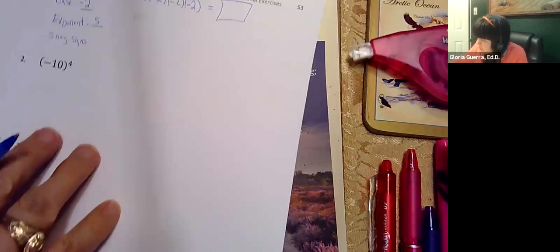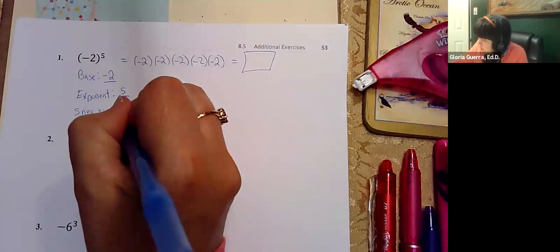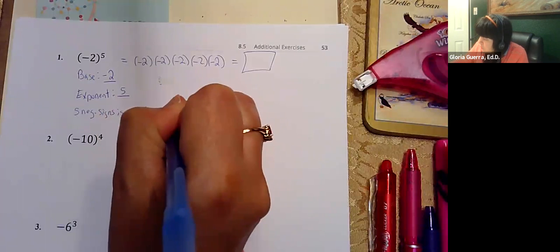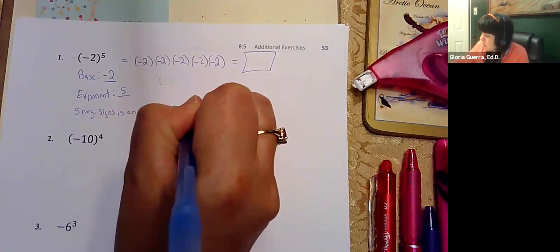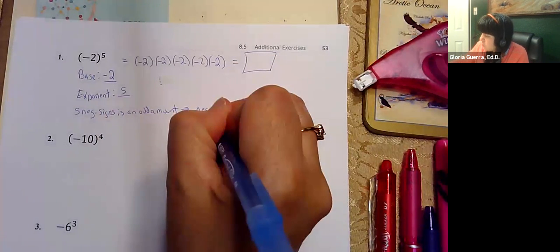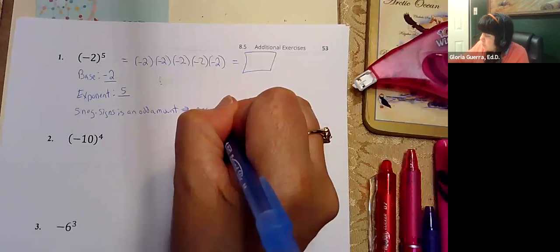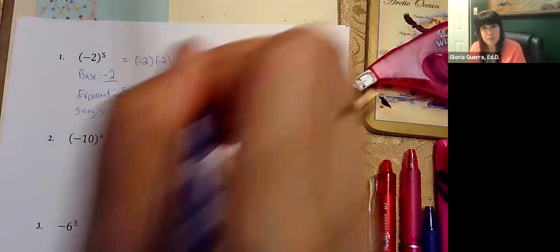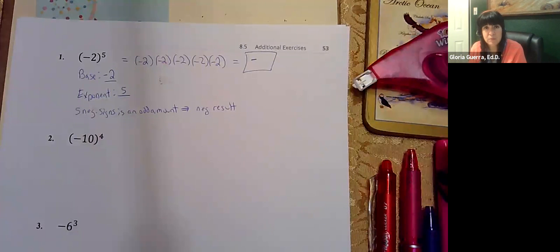An odd amount means you're going to have a negative result. If you had an even amount, then it would be positive, but you had an odd amount, so it's going to be negative. So I'll put the negative there.